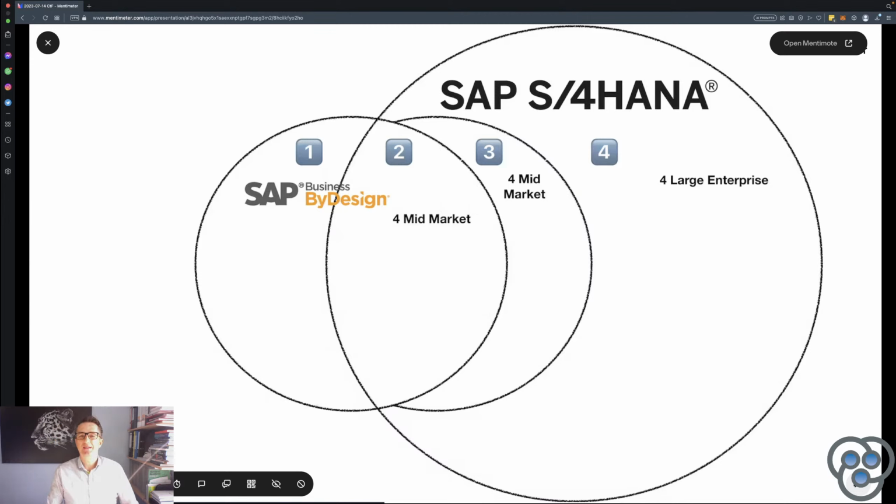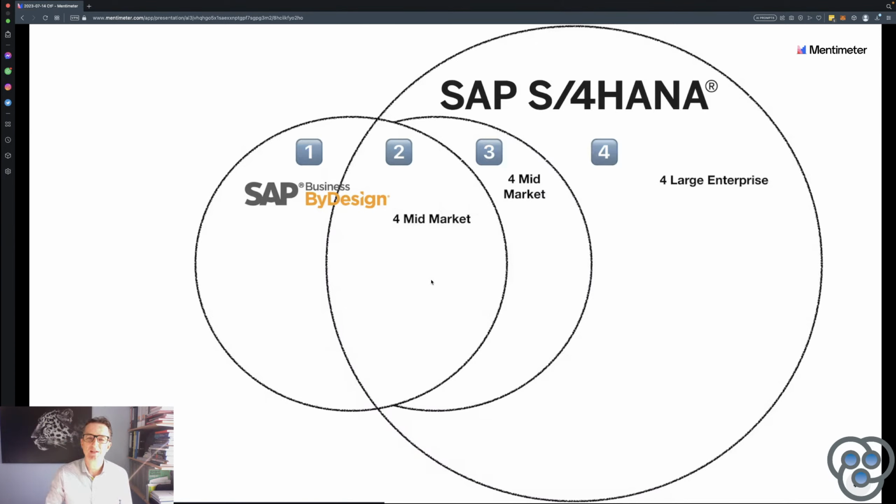There might be some different sets. This one whole set here is SAP Business ByDesign, and this one whole set is S/4HANA Cloud functionality. And obviously there's some overlap.